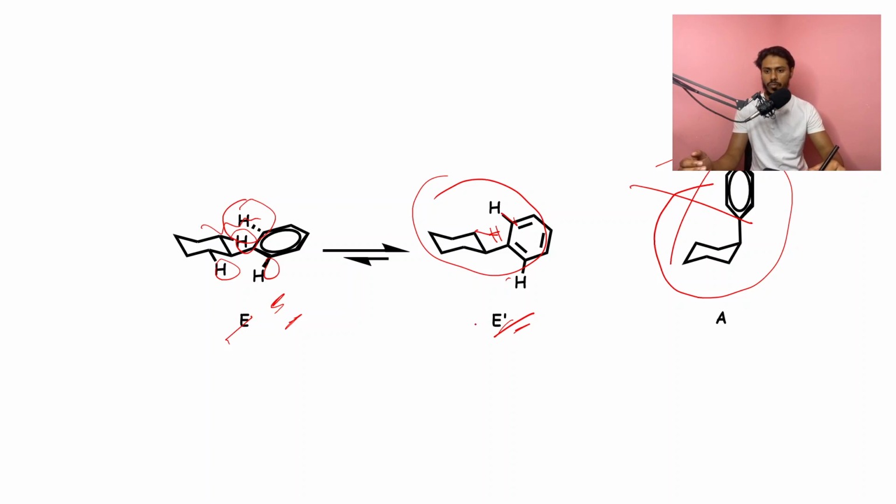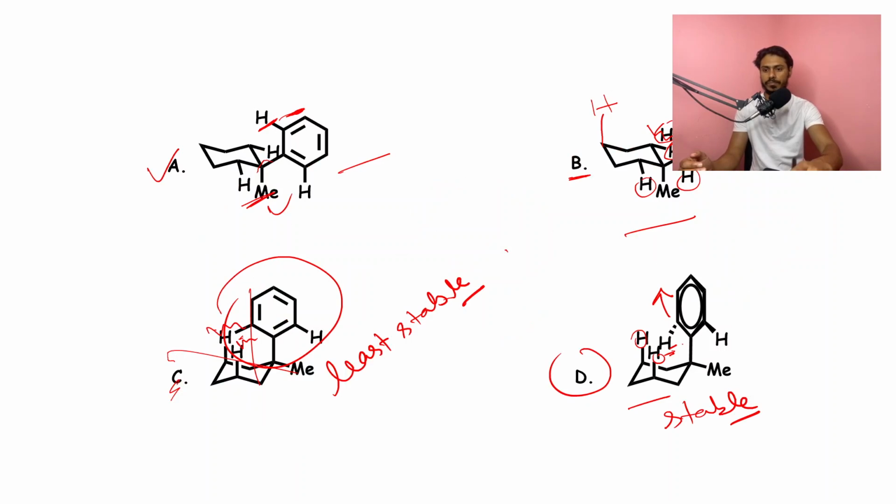So this will be more stable compared to this one. Based on that, you will say that A will be more stable because phenyl will not prefer to stay in the axial position, as it is bulkier than methyl. So it will try to stay in the equatorial position rather than the axial position.